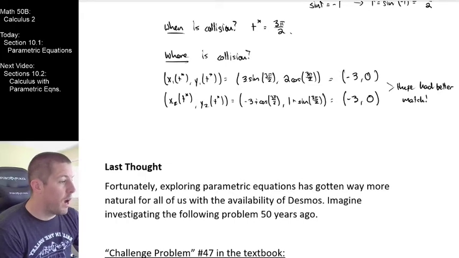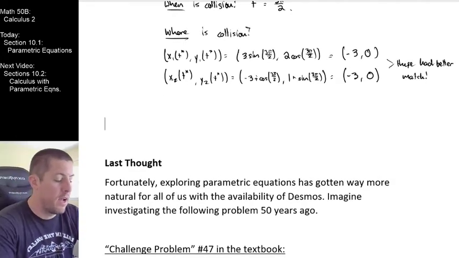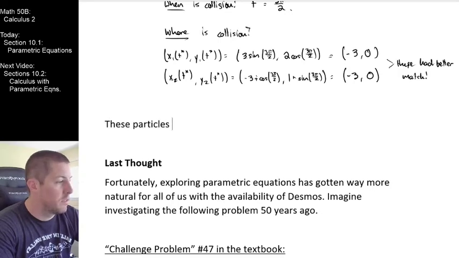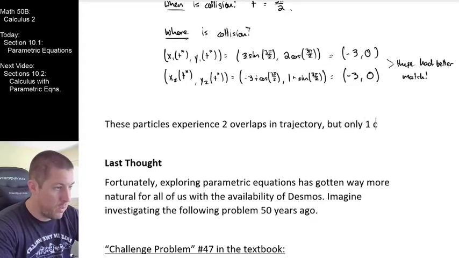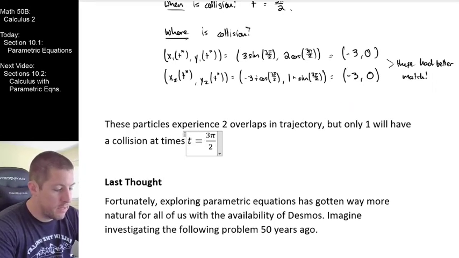All right, so it looks like there were two collision candidates. Let me conclude what we saw right here. These particles experience two overlaps in trajectory, but only one will have a collision at times t equals 3 pi halves plus 2 pi k, right?